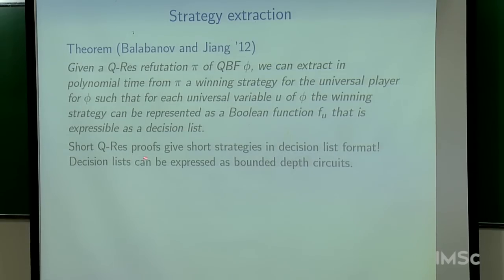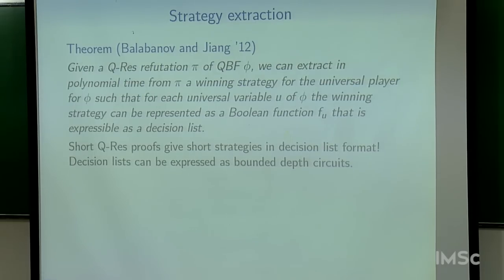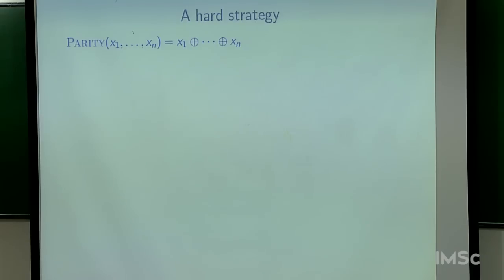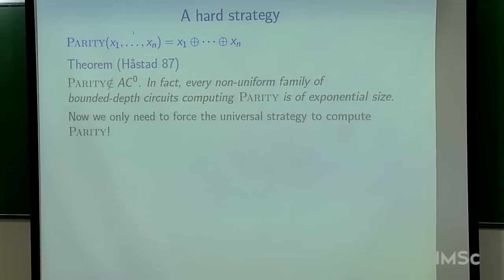So short Q resolution proofs give short strategies in decision list format, expressed as bounded depth circuits. Something about bounded depth circuits is that parity has only exponential size bounded depth circuits. So that's what we're going to use as our hard strategy. But we need to somehow force this universal strategy to always compute parity.